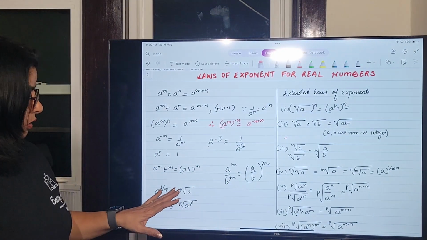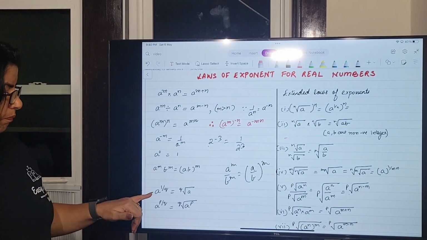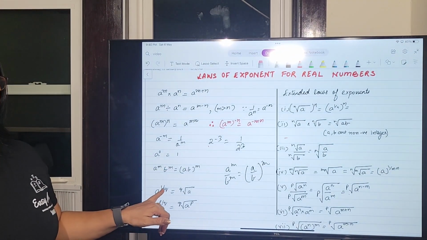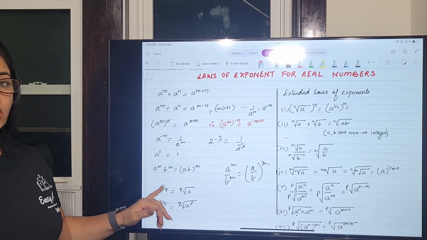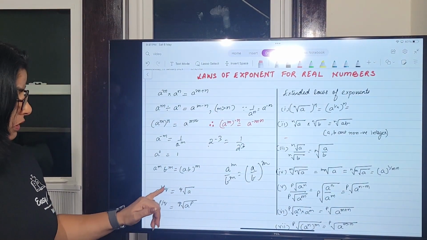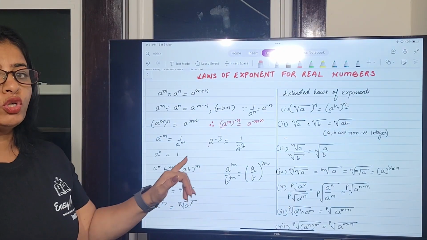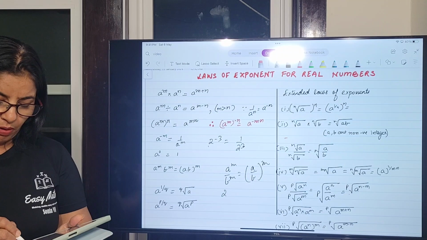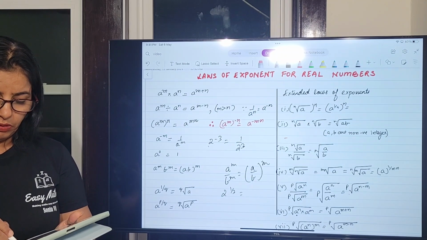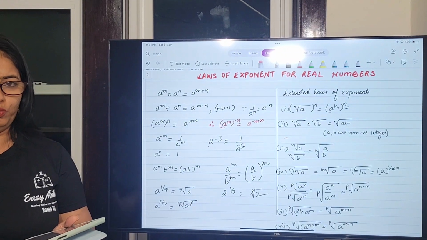The second one, now this is something new that's coming up. When the power is 1 upon q, note when the power is 1 upon q, it means q-th root of a. For example, if it is 2 to the power 1 by 3, it means cube root of 2.